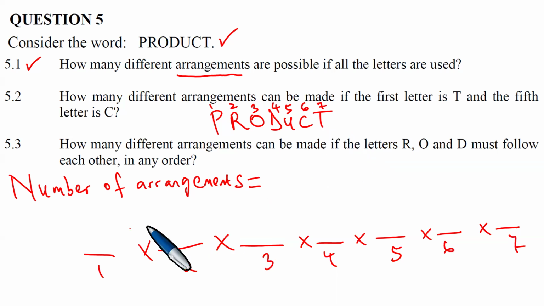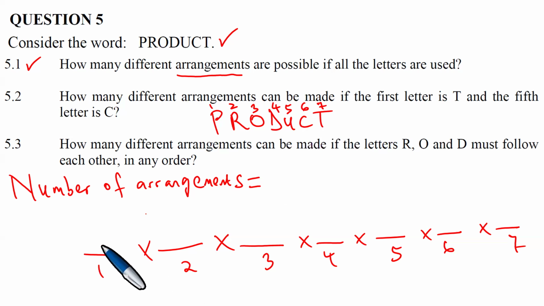Now if we are to arrange these letters, we shall have to make choices. If we want to make arrangements of these letters, we are speaking about the notion of permutations. So we count 7 letters.